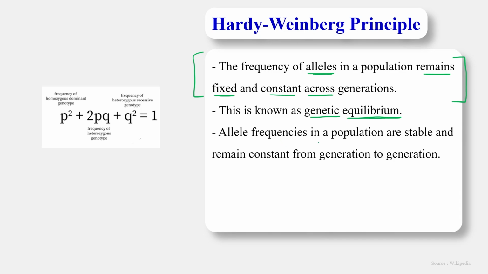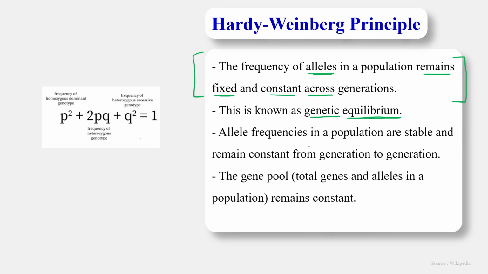Allele frequencies in a population are stable and remain constant from generation to generation according to the Hardy-Weinberg principle.